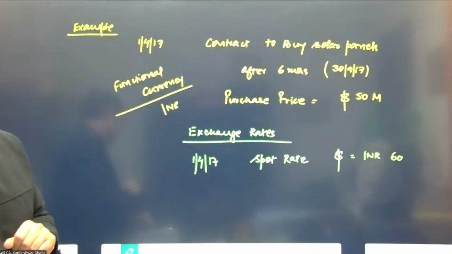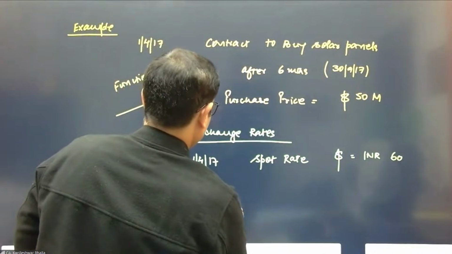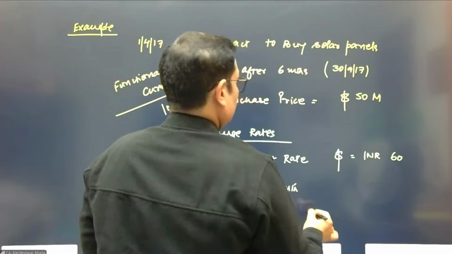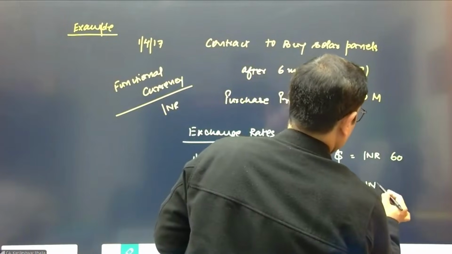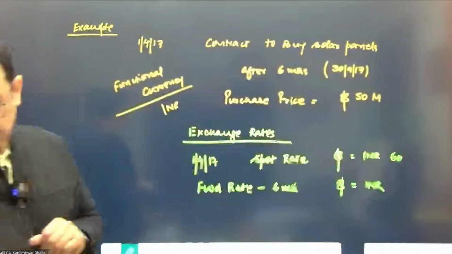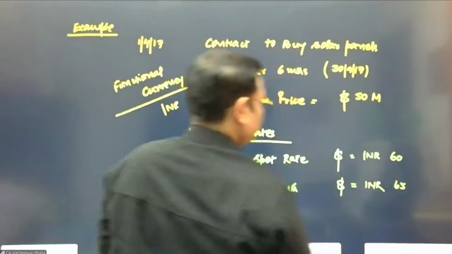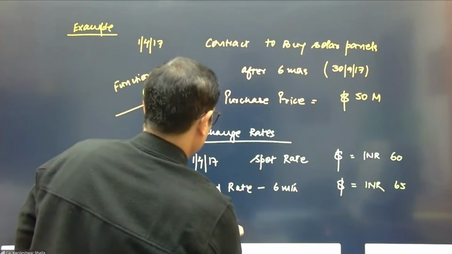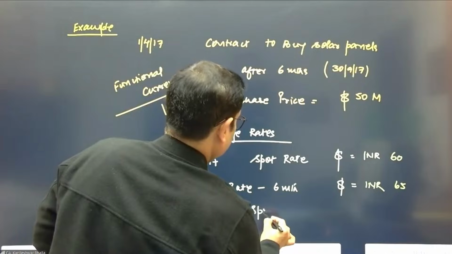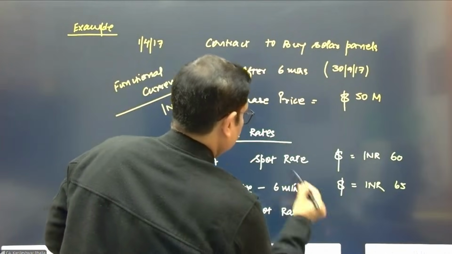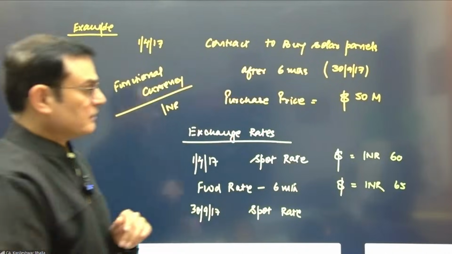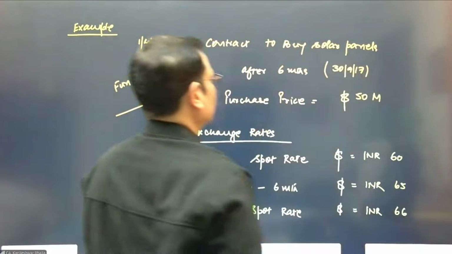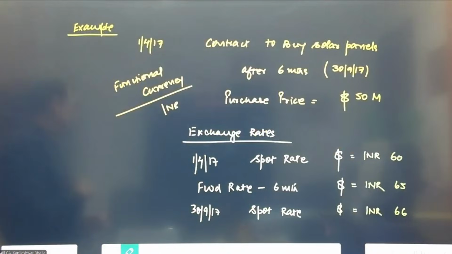And let's say I am given a 6 months forward rate, for a period of 6 months entered today. So we're given $1 is, let's say, INR 65. And let's say on 30th September, I am again given a spot rate. So at the end of the 6 months, the spot rate is given to me as $1 equals INR 66. So these are the details of a very simple example to understand the concept of ED.